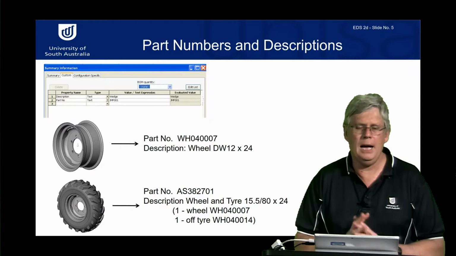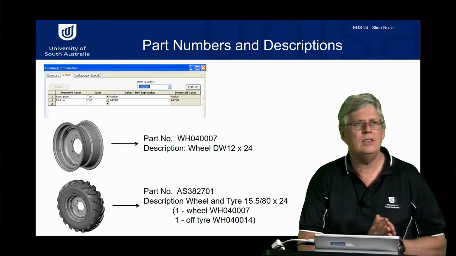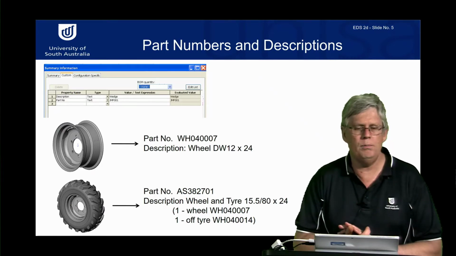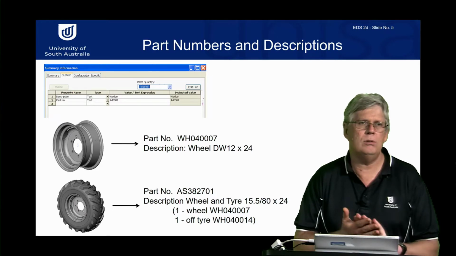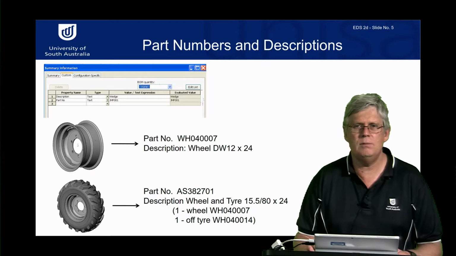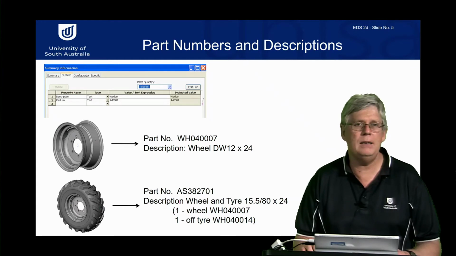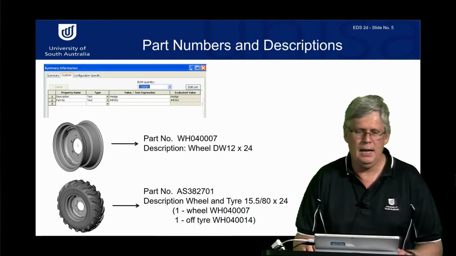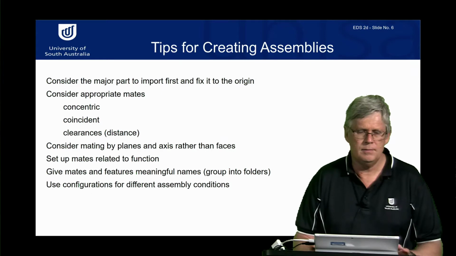So we have parts, then go into an assembly. An assembly of those parts has a new part number and a new description. So there's a hierarchy, and then sub-assemblies go into an assembly, which goes into another assembly, and keeps going.